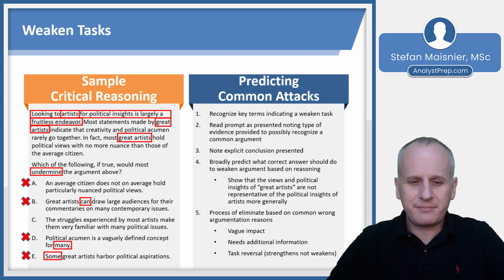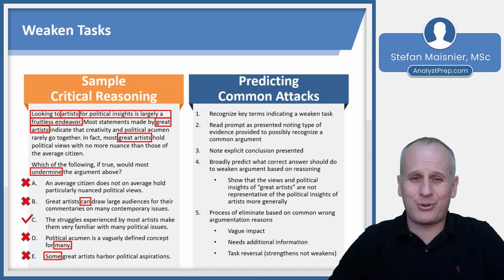and then potentially by extension, artists overall. But if we look at choice C, the struggles experienced by most artists make them very familiar with many political issues. Well, this specifically tells us that generally artists are not great and they experience struggles that make them aware of political issues, showing that they may actually have political insights that could be relevant and worth looking to.